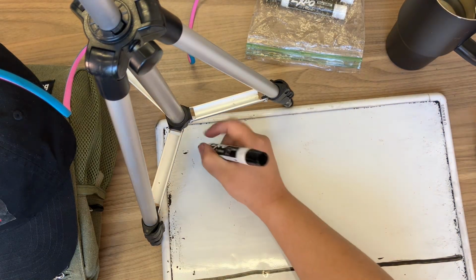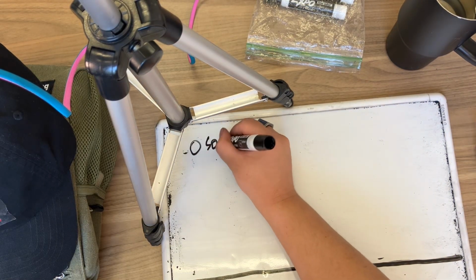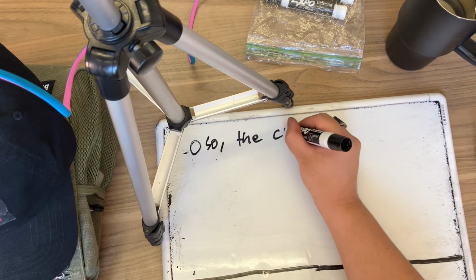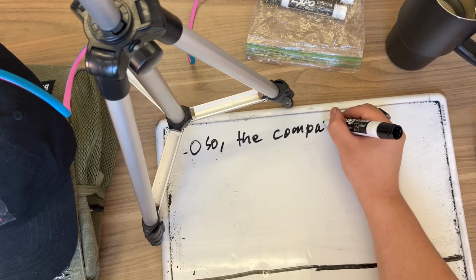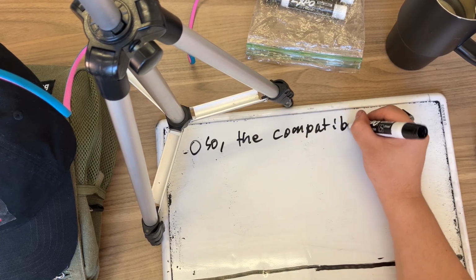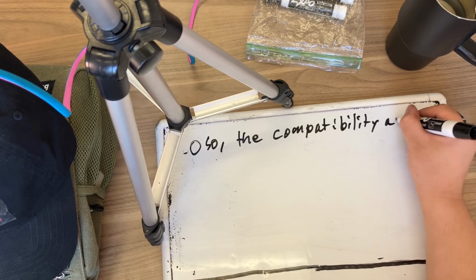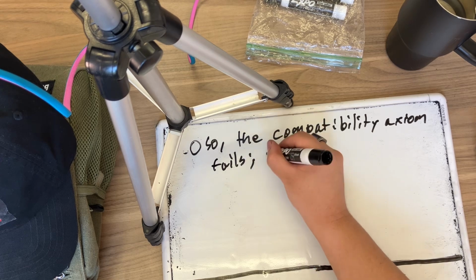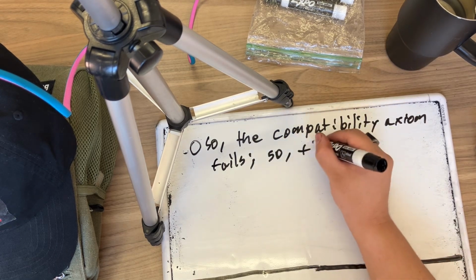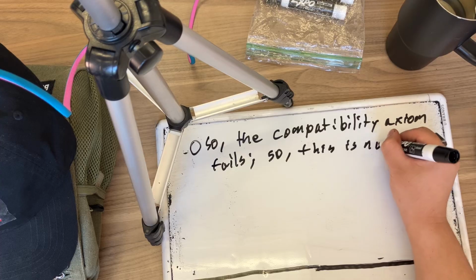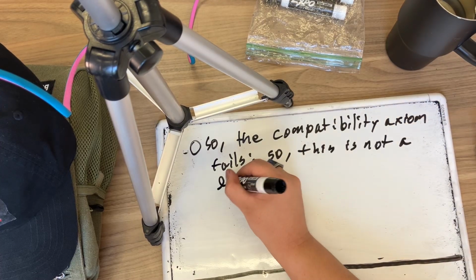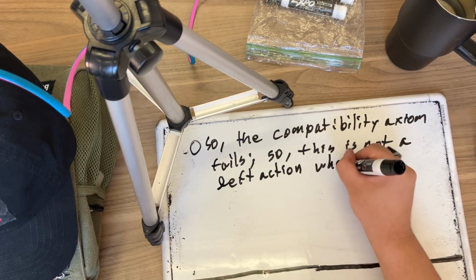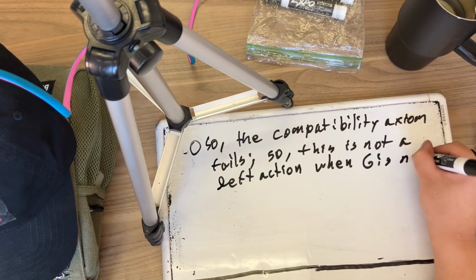Okay, so the compatibility axiom fails. So this is not a left action when G is non-abelian.